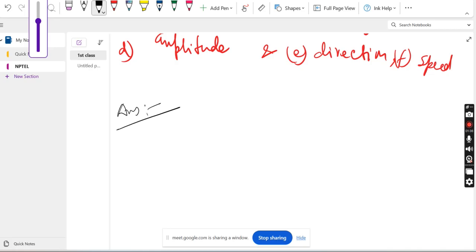So I have written some forms of wave equation at the beginning of the class, and one of them was sine of 2 pi times x by lambda plus t by tau. Lambda is the wavelength, tau is the time period.